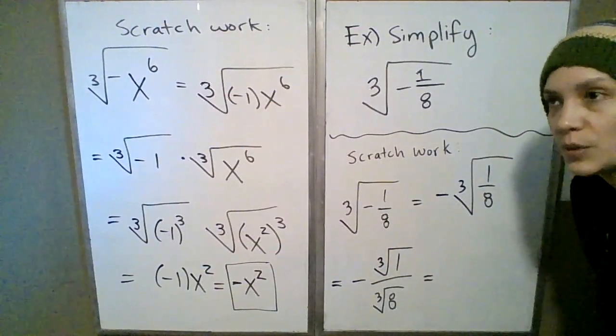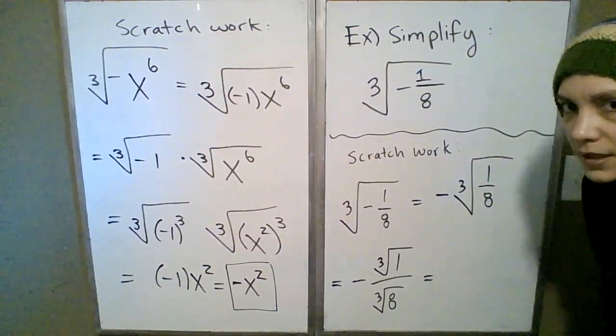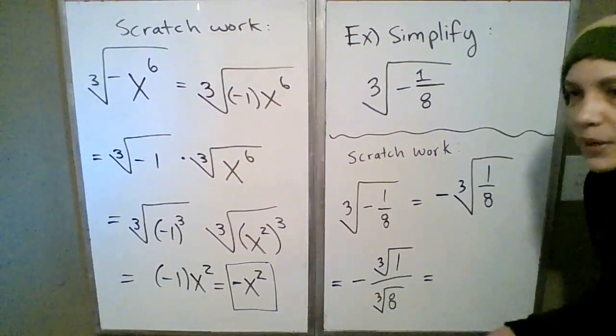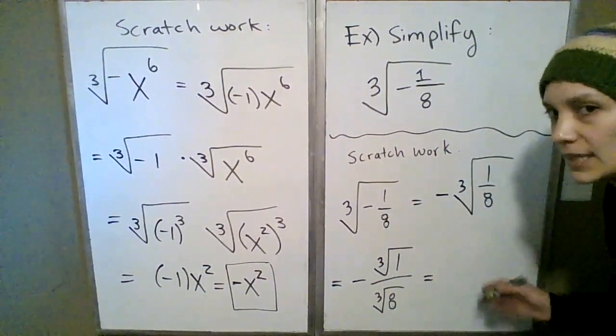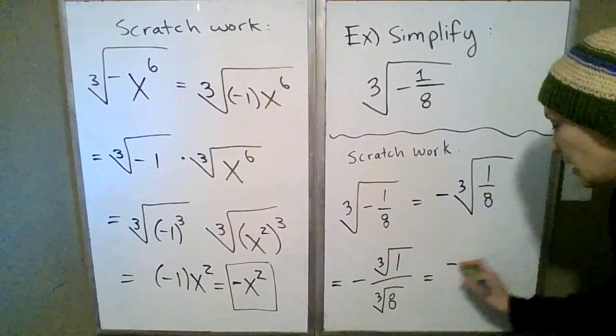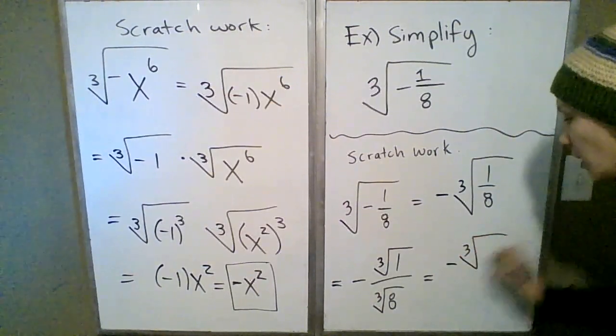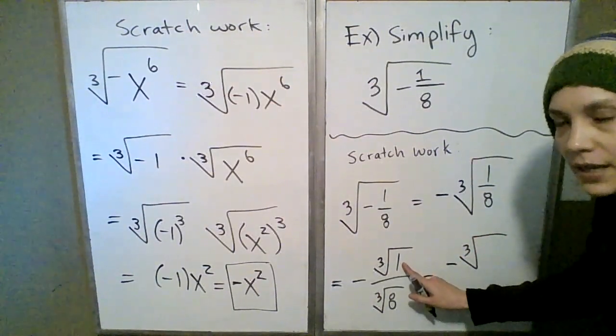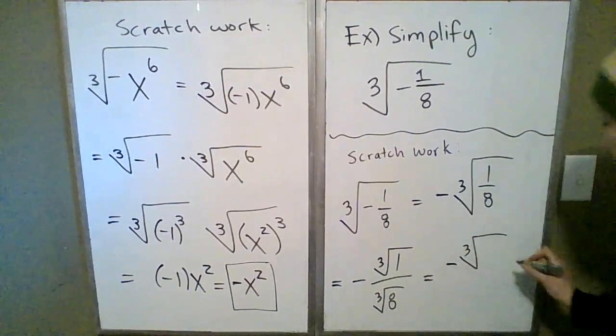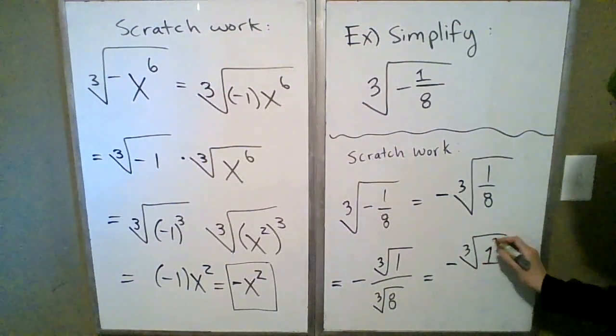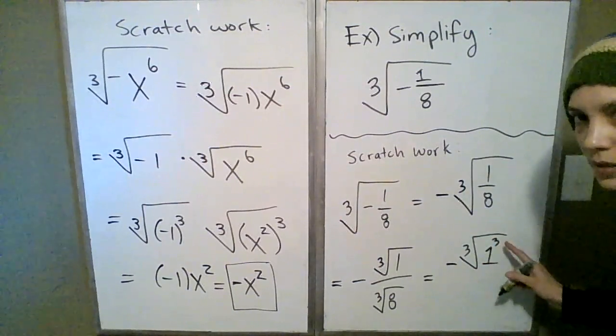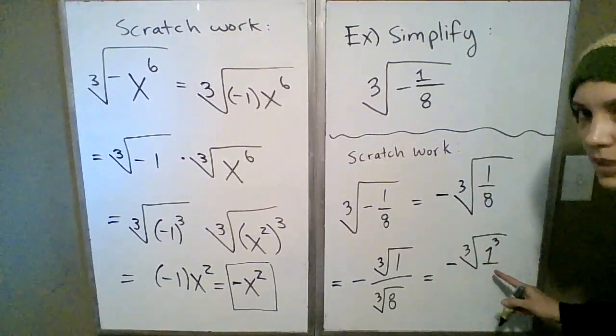Okay, any root of 1 is going to be 1. I can put 1 to whatever power I want to, and it's still 1. So this is a negative. I can put the cubed root, and I can write 1 as 1 cubed if it helps, to see that you could have the power match the root and what's left is 1.